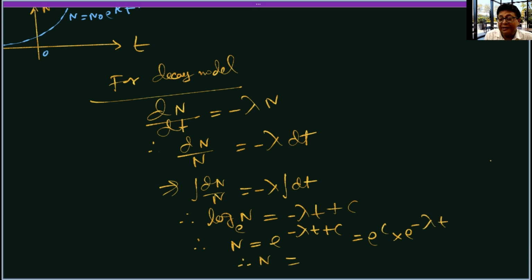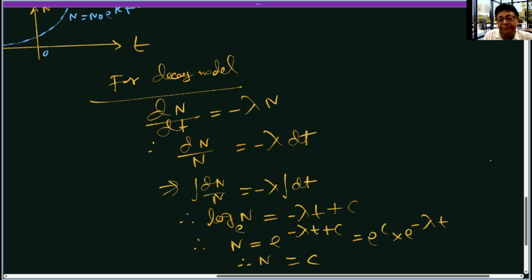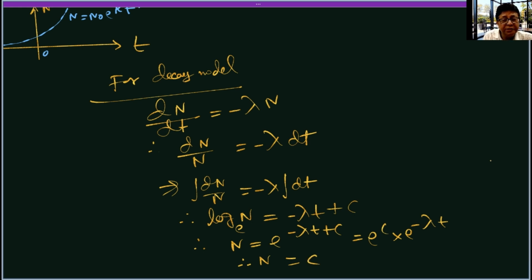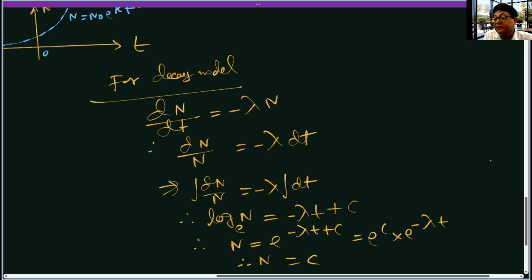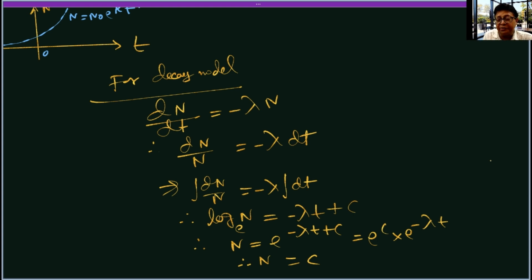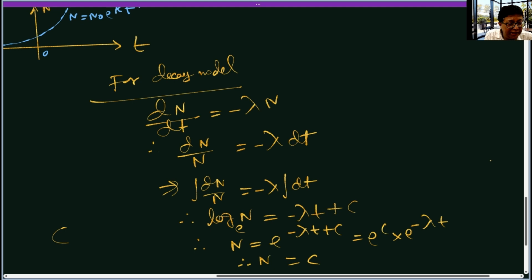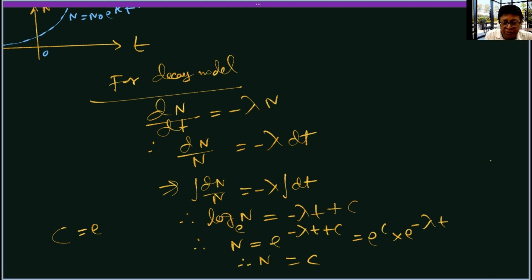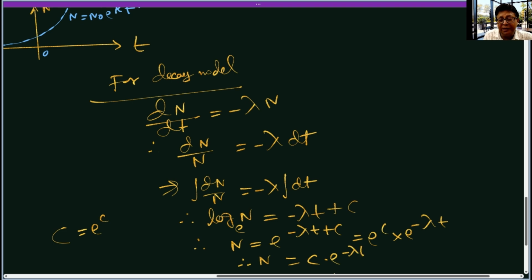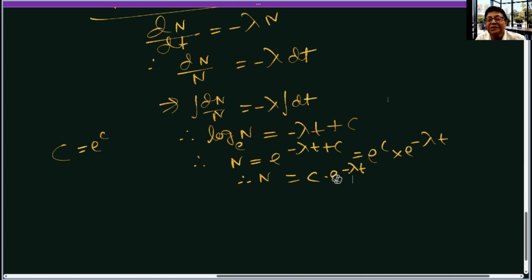Therefore, again we take capital C. What's the difference from the previous one? Because minus lambda is there. It's decay, it will gradually reduce. And this capital C equal to e^c. So N equals C e to the power minus lambda t. Clear? So this is for the decay model.